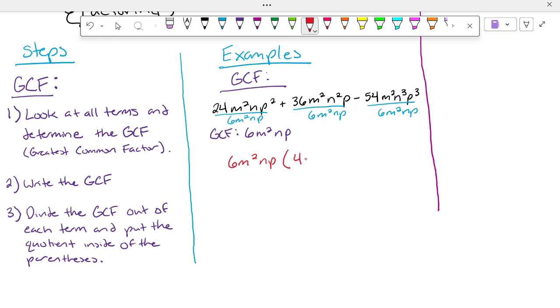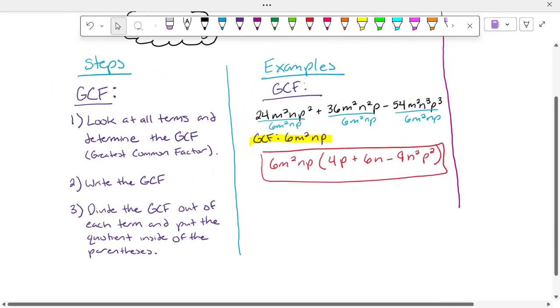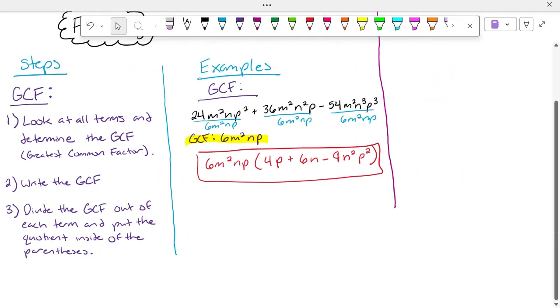So that'll be 4p plus 6n minus 9n squared p squared. Any questions on what I did?